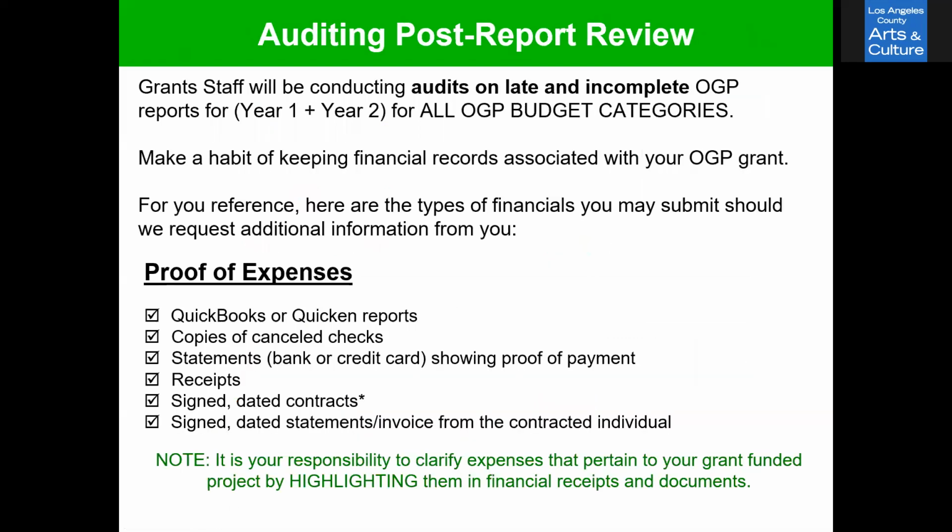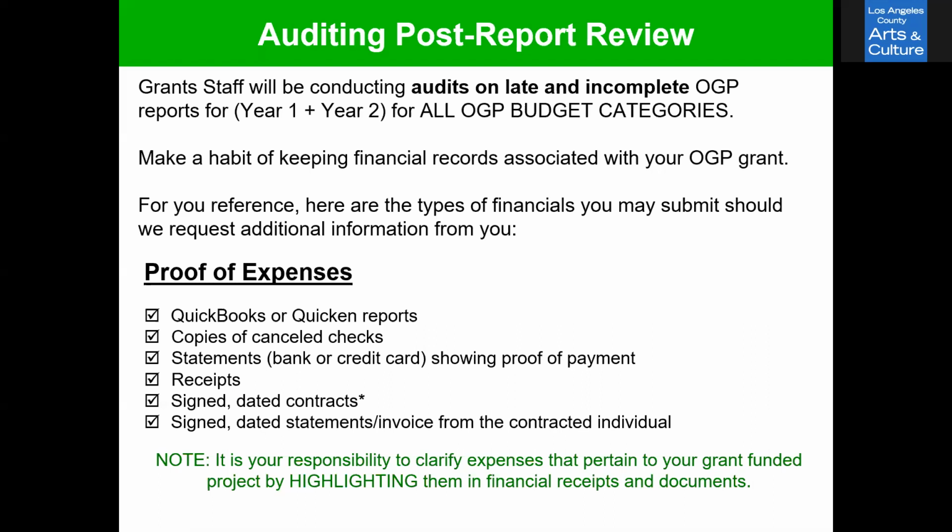Okay, and then we have our audit every year. It's basically 10% of our organizations that will be audited, so basically 40 of the 430 organizations we support. What that means is we'll come back to you and ask you for proof of expenses.